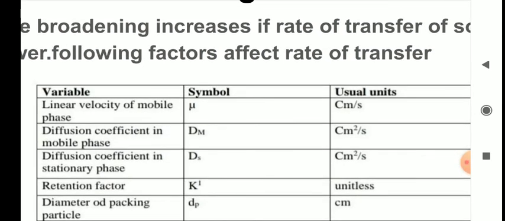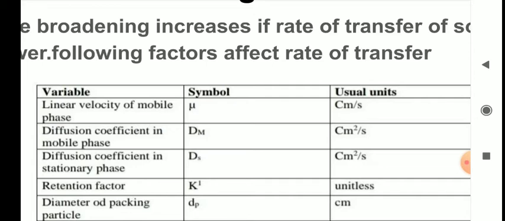The mobile phase velocity can be varied, and you have to choose an optimum velocity. You cannot have a very high or a very low mobile phase velocity. If you are using a very high mobile phase velocity, then your plate height will become higher, and as a result your plate number will become less. We'll see this in detail a little bit later.